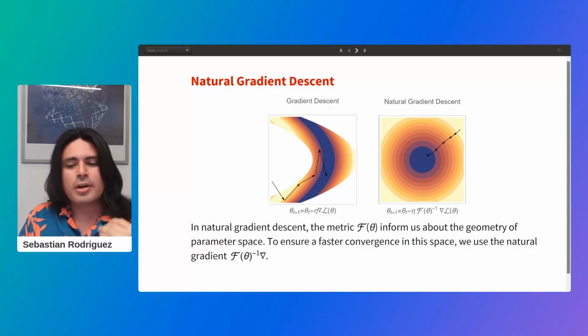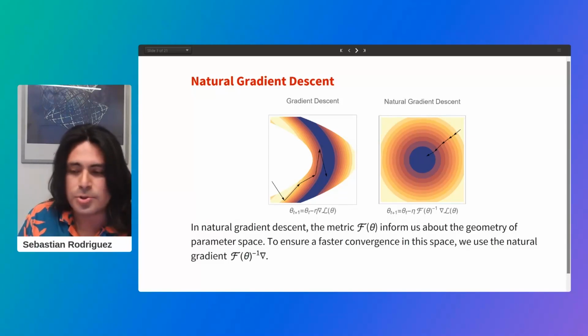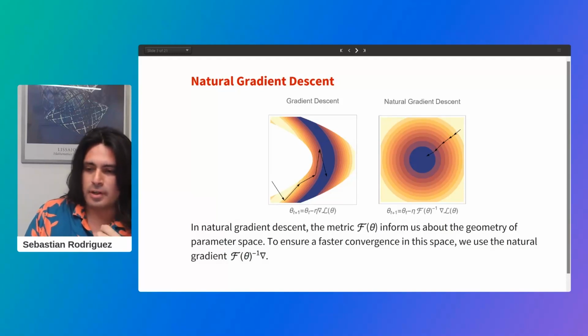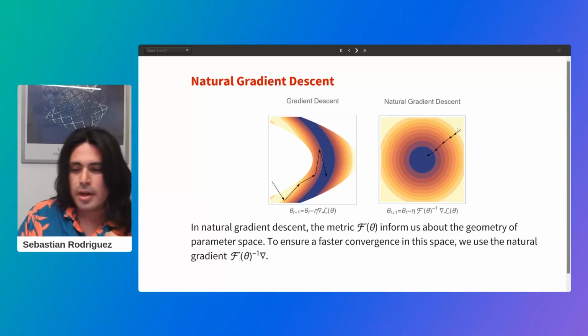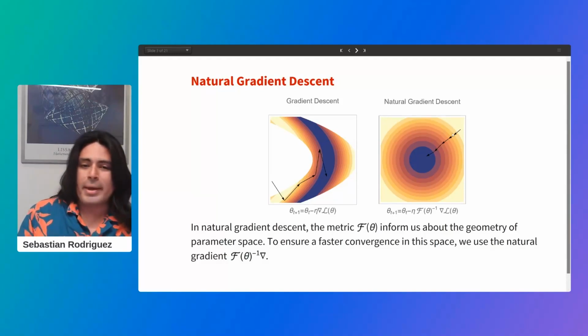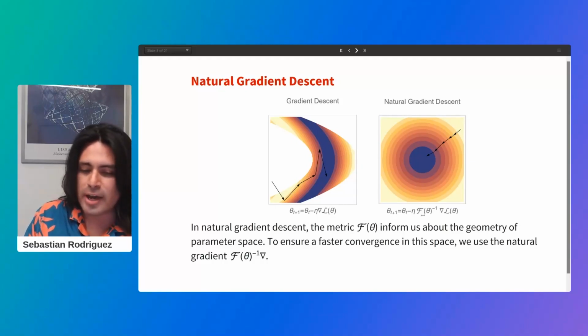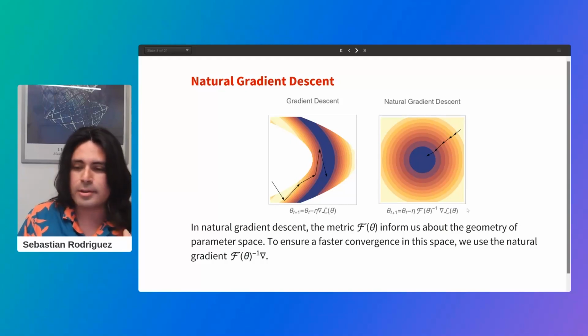If we want to take into account the geometry of our cost function, we can generalize the gradient descent into the natural gradient descent using the metric tensor F. To be precise, we use the inverse of the corresponding metric tensor to correct the gradient direction. As you can see in the equation here, this would lead to an improvement in our optimization.